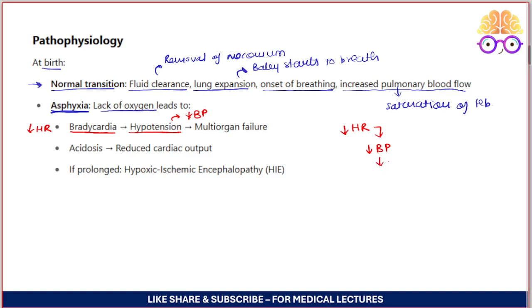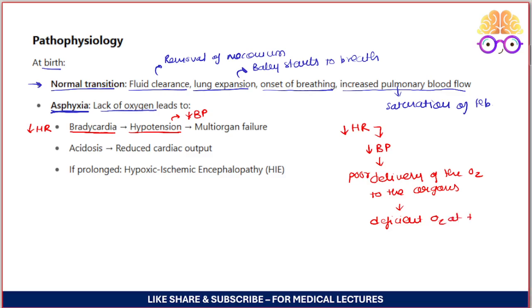When there is decreased blood pressure, there is poor delivery of the oxygen to the organs. Hence, there will be deficient O2 at the organs, and which will lead to multiple organ failure. So this is the clear explanation.